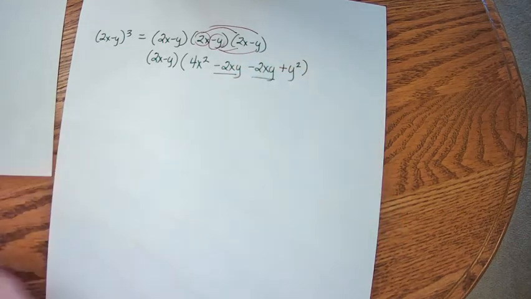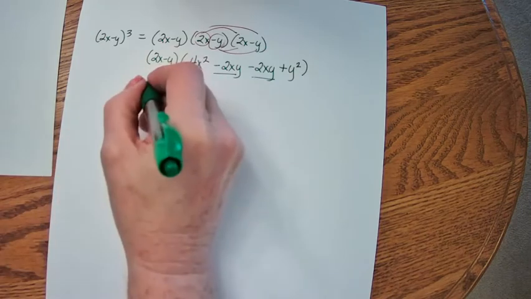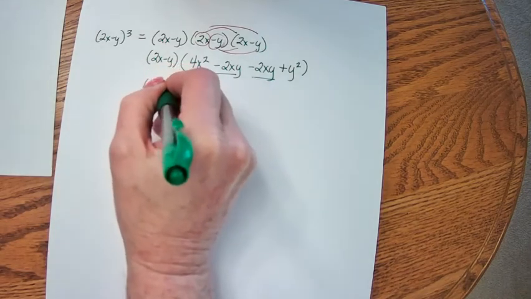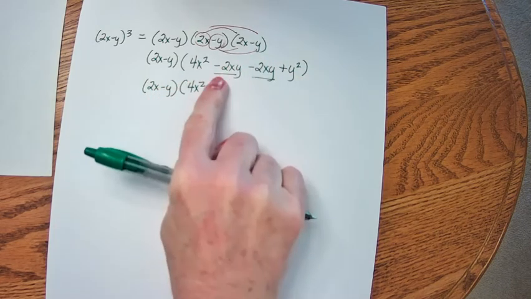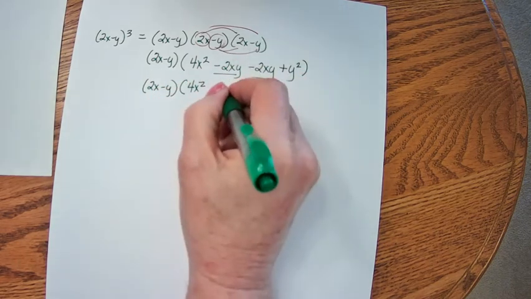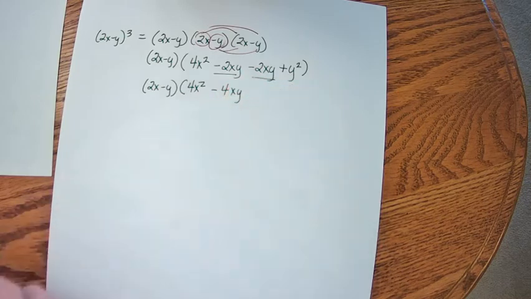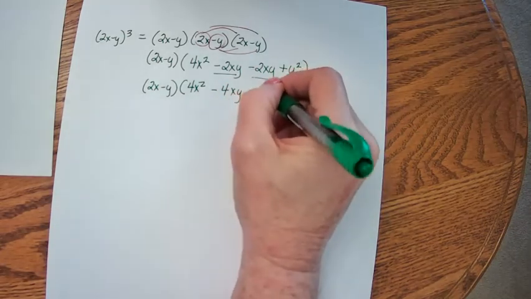And before I continue, I want to combine those like terms. So this is 2x minus y, bring down your 4x squared, and negative 2 and negative 2 is negative 4xy. And then bring down your y squared.